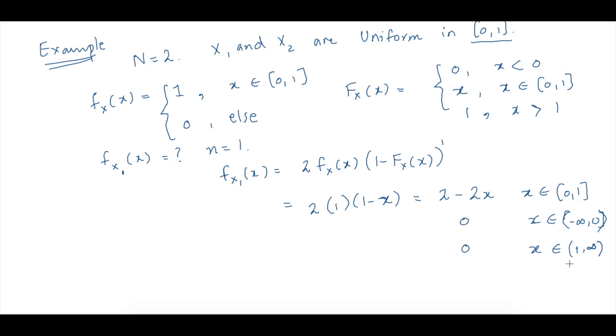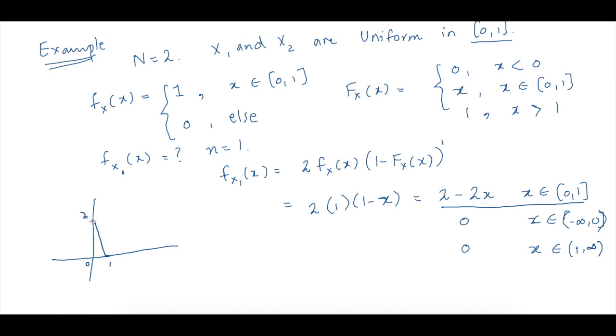So this looks something like this. So 2 minus 2x, so this is my 2, this is my 1. So it looks like this. So this is 1, this is 2.